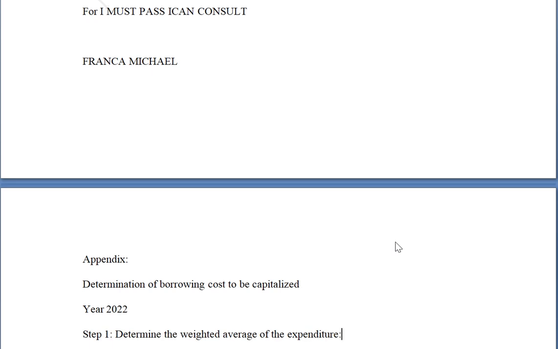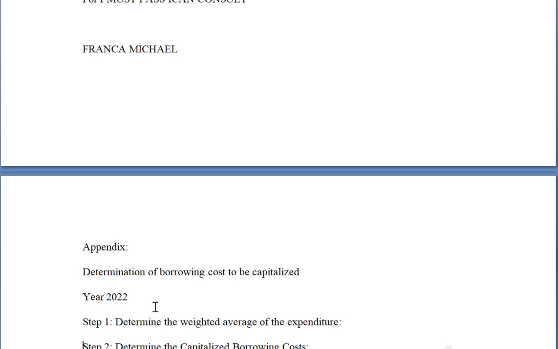We have to determine the borrowing cost to be capitalized. So quickly, let's do it together. For 2022, the first thing is step one: determine the weighted average expenditure. How do you determine it?